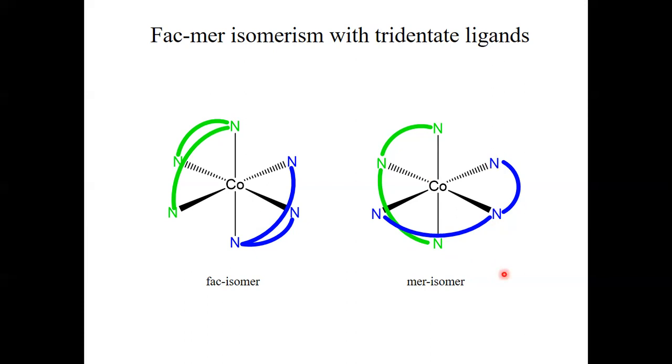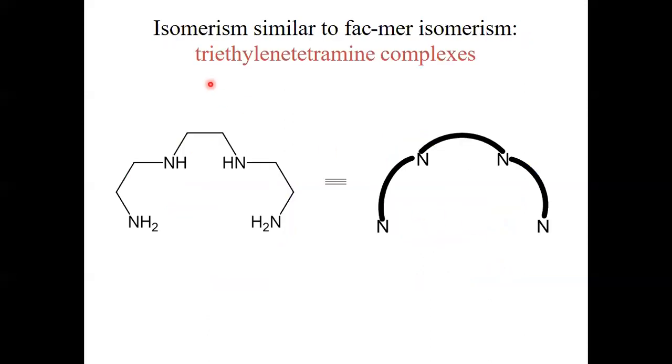All right. Now there can also be isomerism, which is related to fragment isomerism, when you have a tetradentate ligand, such as a tetraamine complex.